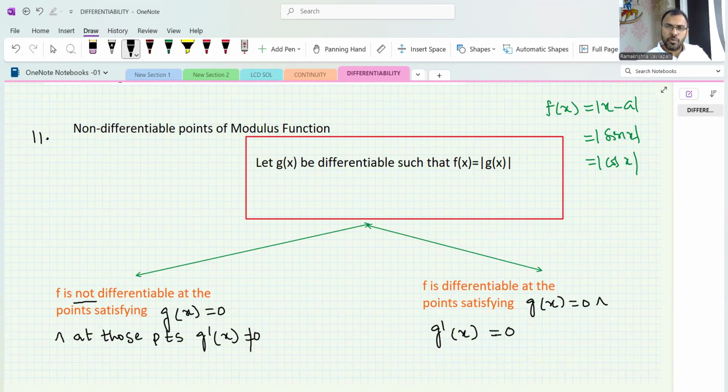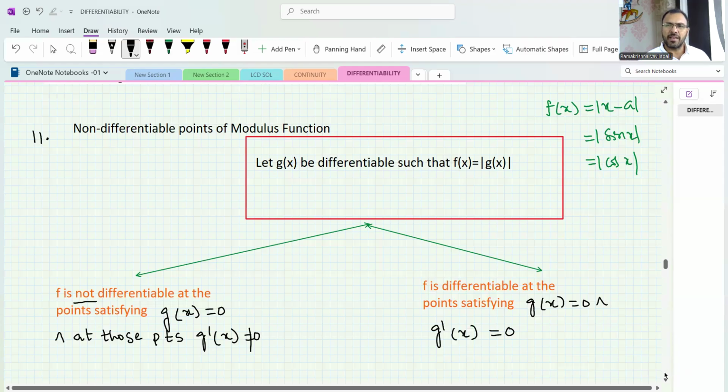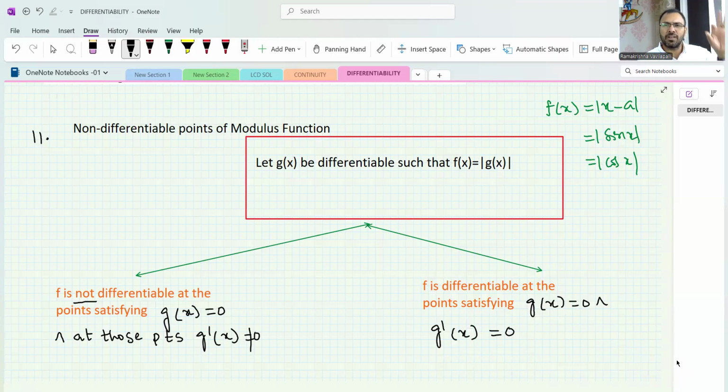This will help you a lot in solving many questions of JEE Main, not only JEE Main, even JEE Advanced, just on your fingertips. Sometimes without writing the solutions, just by looking at the problem, you can answer. To find the non-differentiable points of modulus of g of x, you just equate g of x equal to 0, and at those points, if the derivative is not 0, they are non-differentiable points. If the derivative is 0, then they are differentiable points.